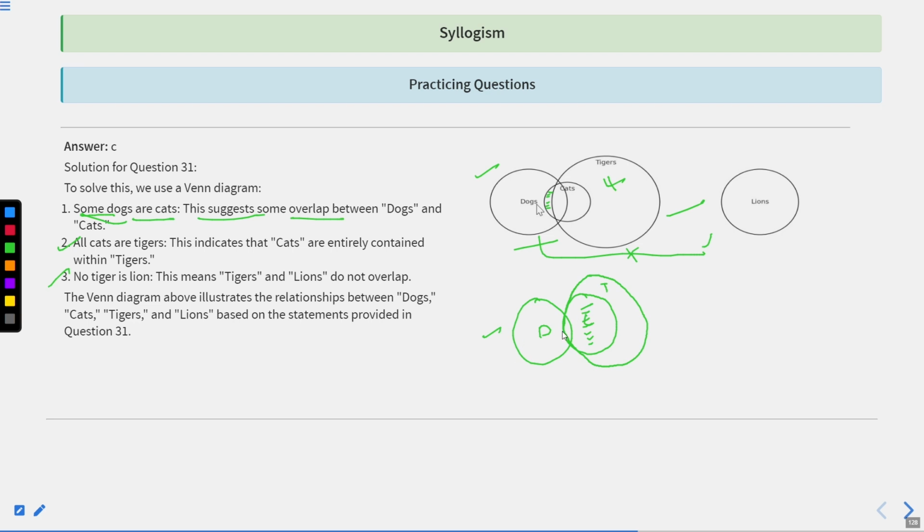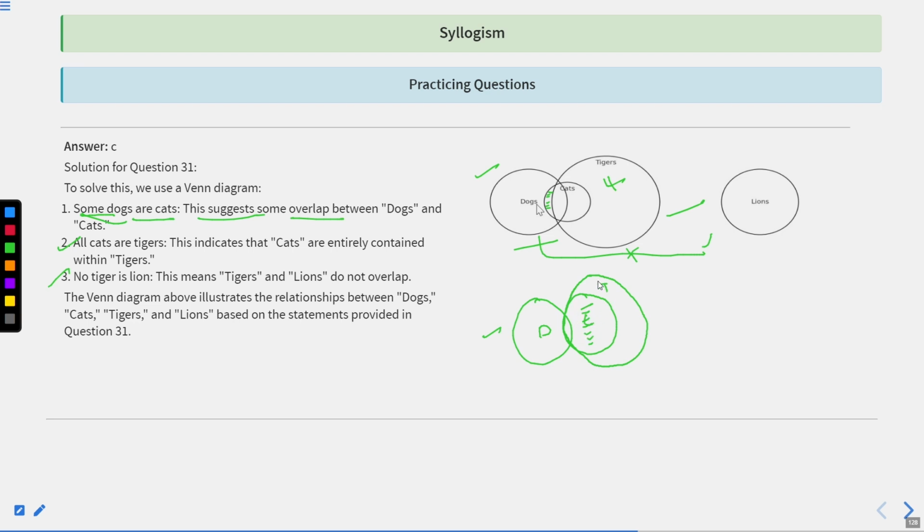Yes, we can infer that, because in the first statement it has been mentioned that some cats are dogs, and as per the tips we discussed, if some X are Y, it can be inferred that some X are not Y. So taking that into consideration, there are certain cats which are not dogs.